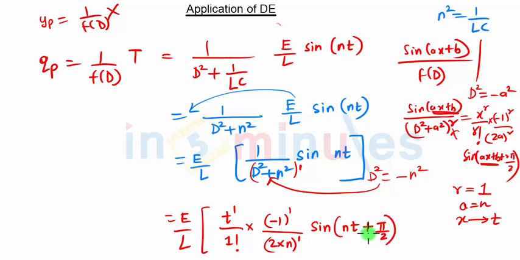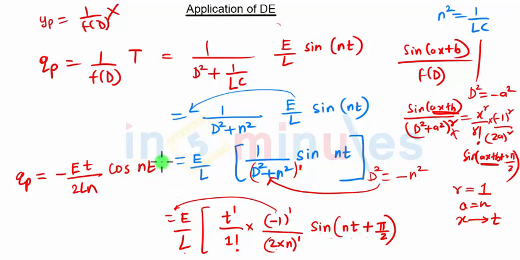So now if we solve this, we get qp as minus sign will be taken outside, so minus E into t upon L into 2n, so 2Ln, and sine of nt plus pi by 2 is nothing but cos of nt. So this is our qp.